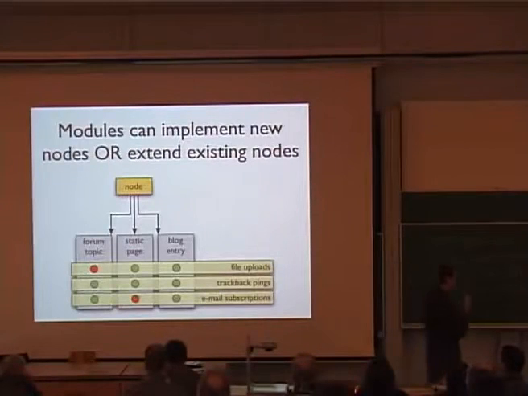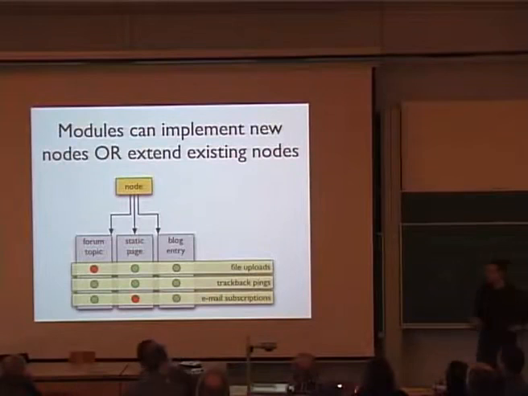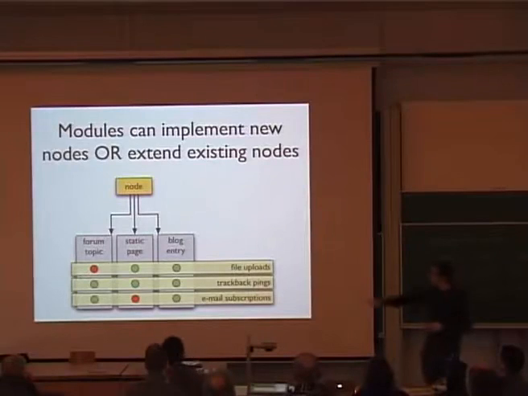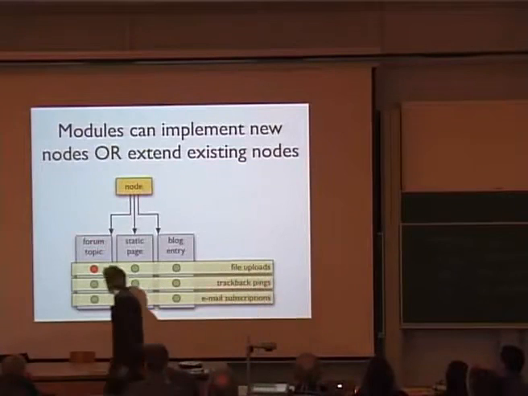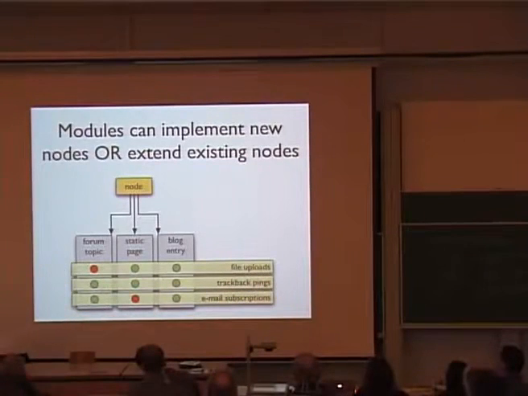And then, given the node system, modules can extend the node system in two ways. Either modules can provide new node types, which are the gray bars, I guess, like forum topic, static page, and so on. So they basically extend the node type, or modules could cross-cut across all these different node types, and that's functionality on top of that.